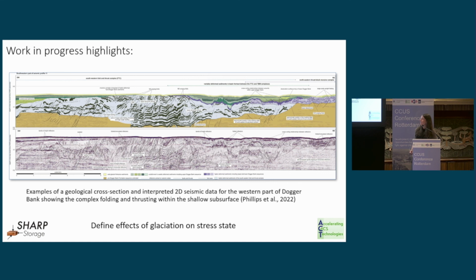So this is a nice mapping of the very shallow surface seafloor, and that shows examples of folding and thrusting due to the glaciations. And there is definitely differences between the UK side and the Norwegian side when it comes to what the glaciations has done to the seafloor or to the sediments. So this is something we will incorporate into the new models.